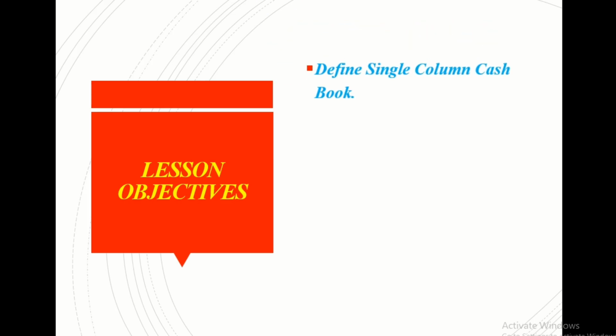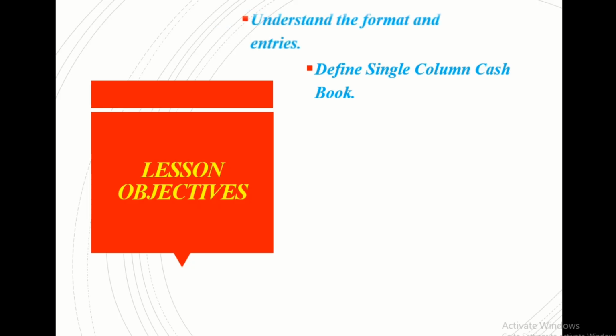So in today's lesson, we are going to be discussing a single column cash book. That's why there is an objective we have. We need to be able to define a single column cash book. By the end of this lesson, the expected package you need to get is, number one, the definition of single column cash book.